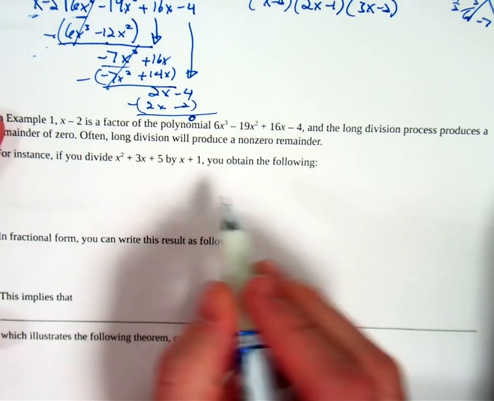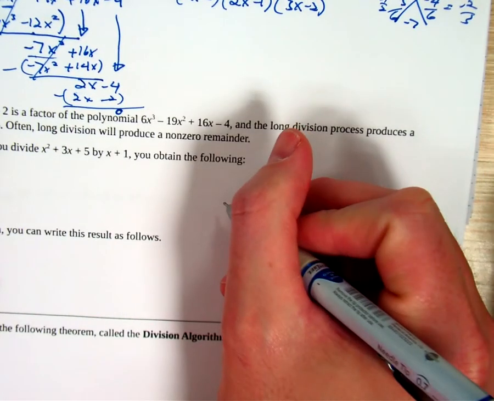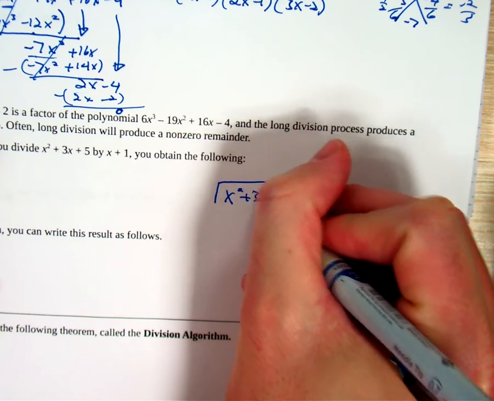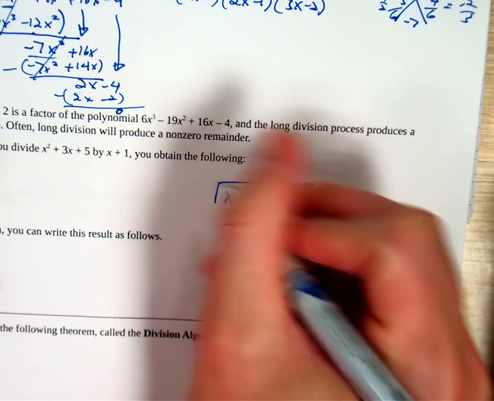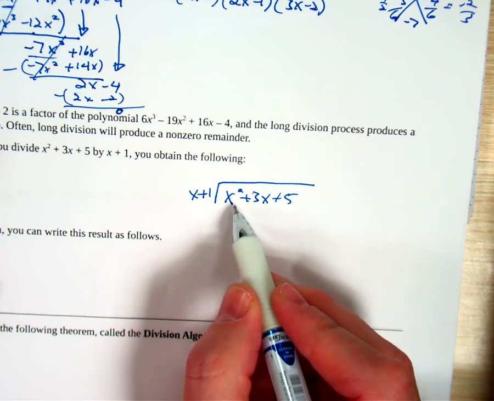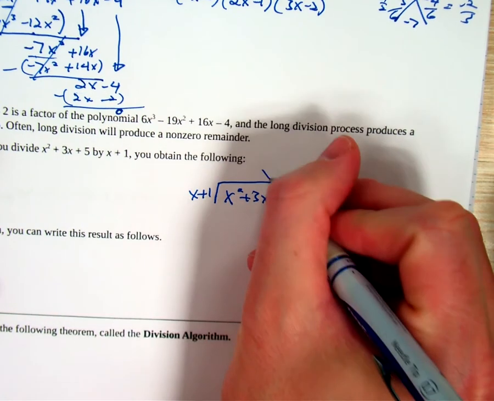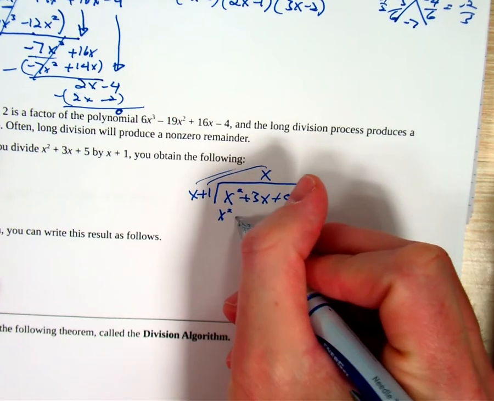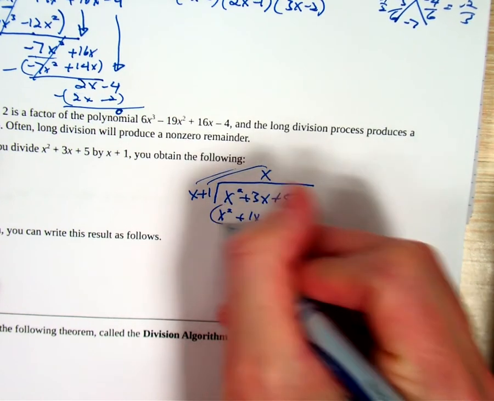Divide x squared plus 3x plus 5 by x plus 1. x squared divided by x is x. Multiply it back: x squared plus 1x. Remember to subtract down.